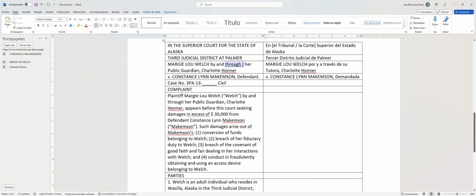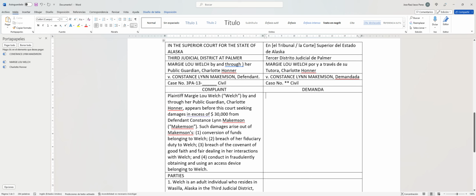The number of the case, it's a civil case. Caso número whatever. Civil, it's the same in Spanish. Complaint es la demanda. The complaint, the initial filing that the plaintiff files, is called in Spanish the demanda.